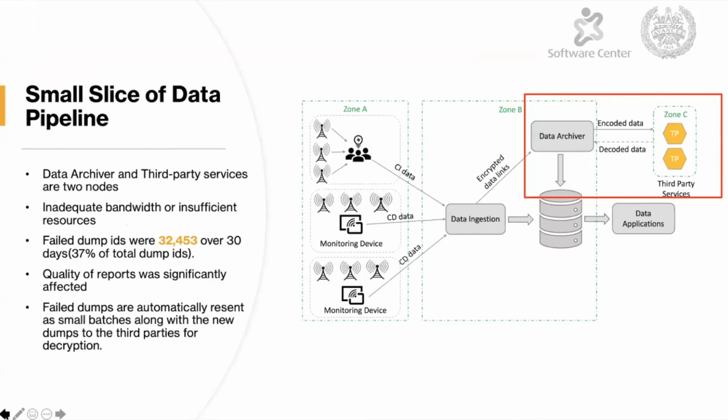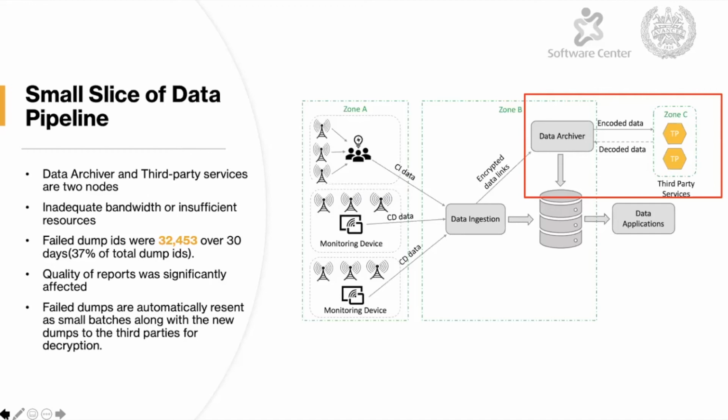It has data generation, data ingestion, data storage, and data application as different nodes. This data pipeline is spread across three different zones: Zone A, Zone B, and Zone C. Zone B is where I have worked. Zone A is the place where the data is generated. This particular data pipeline was collecting data from different teams in the same company, which is called continuous integration data.